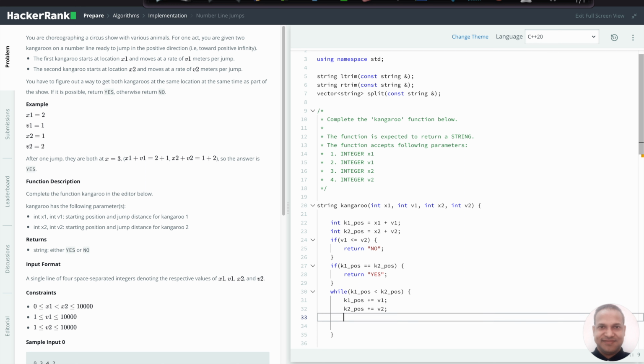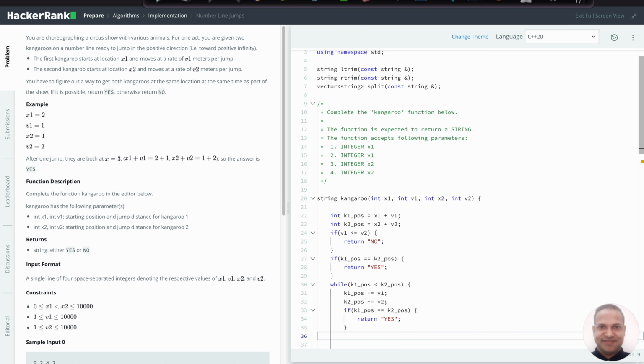Now again let's check if these two positions are the same or not. This is an easier problem. If these two are the same, then definitely we have to return yes.